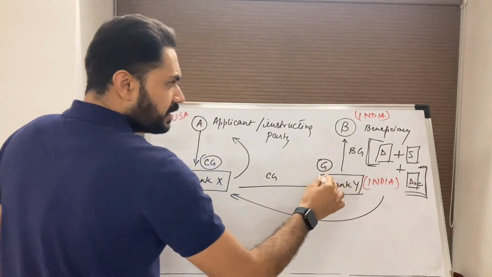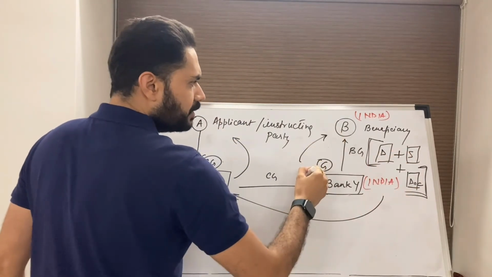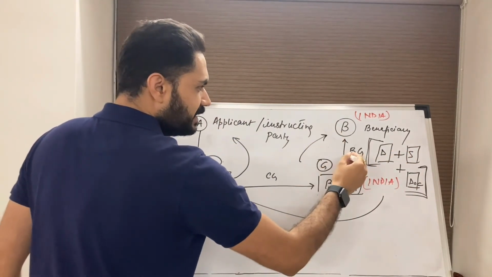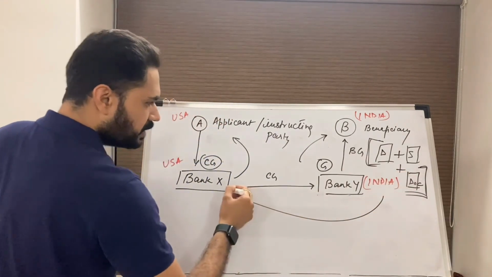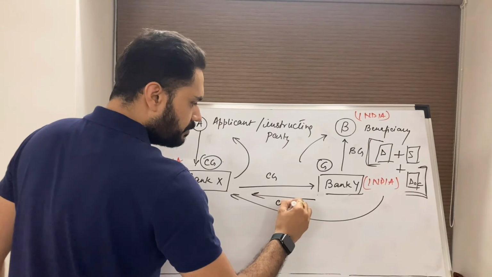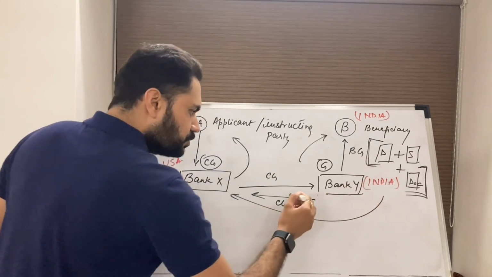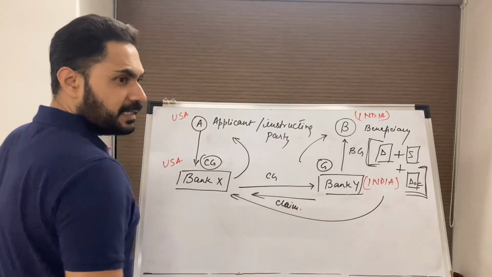What will the guarantor do? The guarantor will check these documents. If they are complying, make payment to the beneficiary, then send these documents to the counter guarantor and lodge the claim under the counter guarantee. These two activities can happen simultaneously.